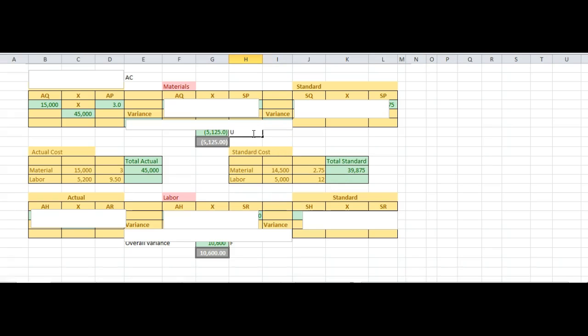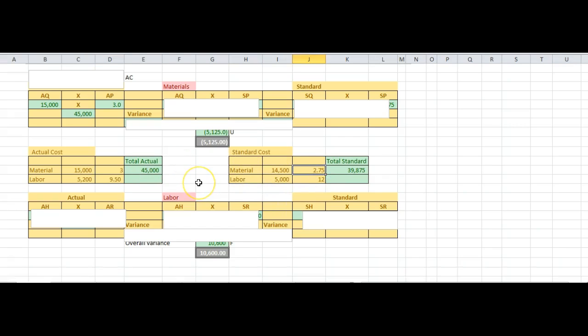If I look at this and just say, oh, well, I spent $5,125 too much, the next question would be why? How do I fix that? Well, when I look at the materials, I see I used 500 units more than I should have, pounds, whatever it is in. But then when I look at the cost, the actual price, I spent more.